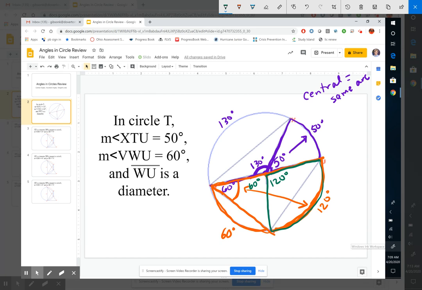Now let's switch gears again. This arc also is connected to this angle way over here. So 60, if I cut that in half to go across the circle, because this is on the circle, that would be half.